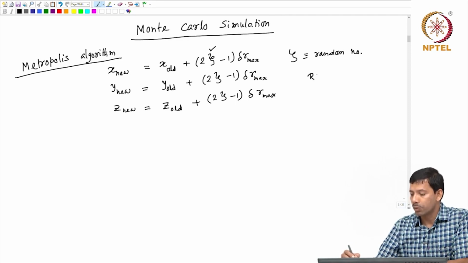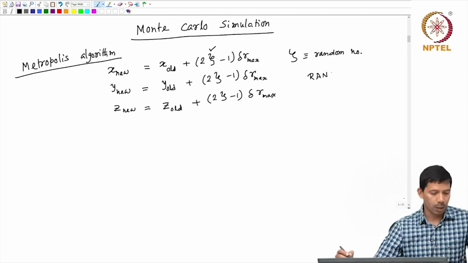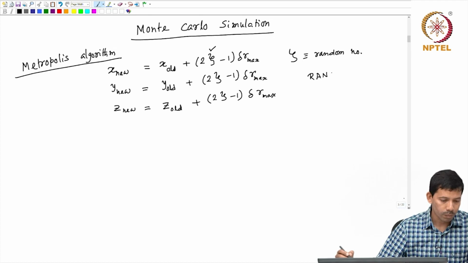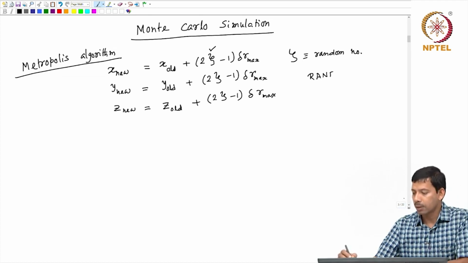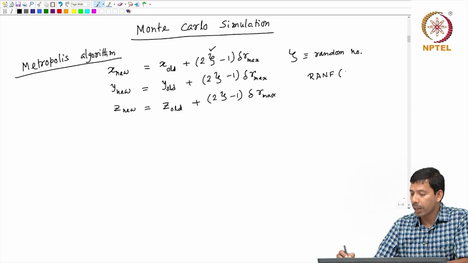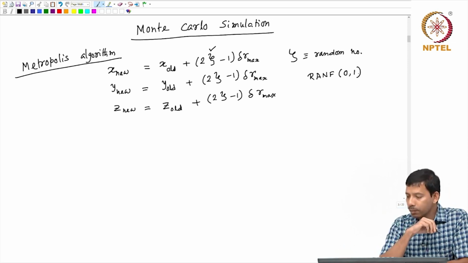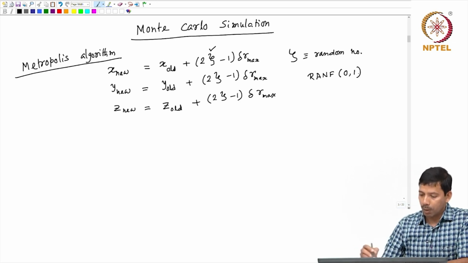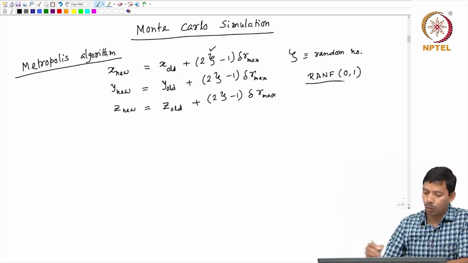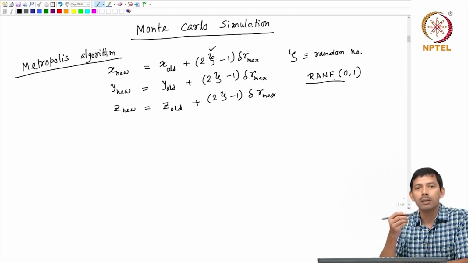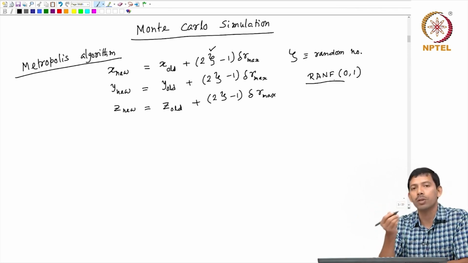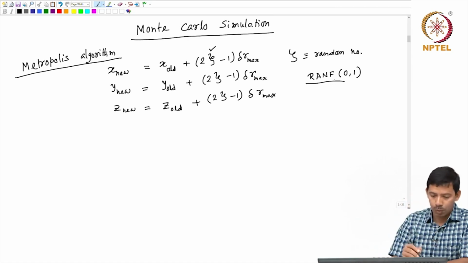Usually there is a library called random function, RANF, and this random number basically generates numbers between 0 and 1. So, with this random number generator, we will randomly create new set of coordinates for my system, and that will give me a new conformation. So, that was my step 1.